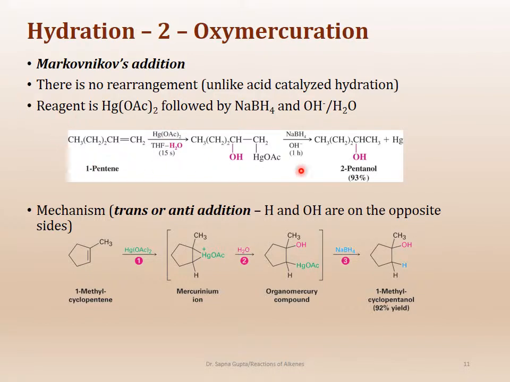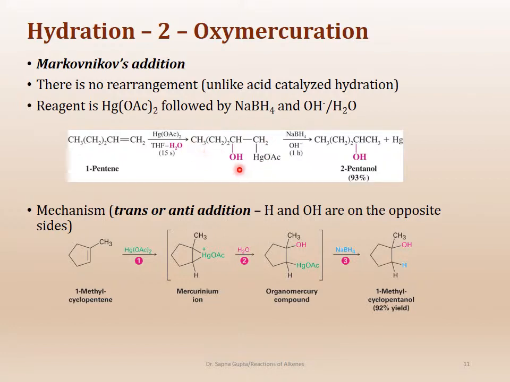So first of all, this is what the reaction looks like right here. If you have 1-pentene, an asymmetric alkene, you treat that with mercury acetate. Mercury acetate here is on the top, and the THF/H2O tells you that you are using tetrahydrofuran, which is a solvent.